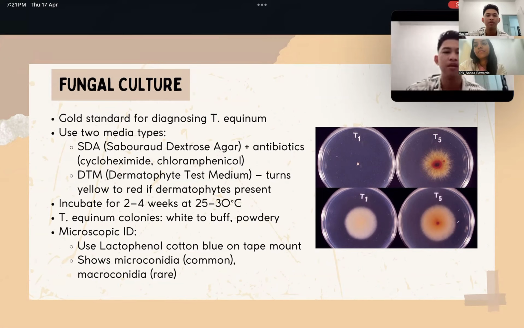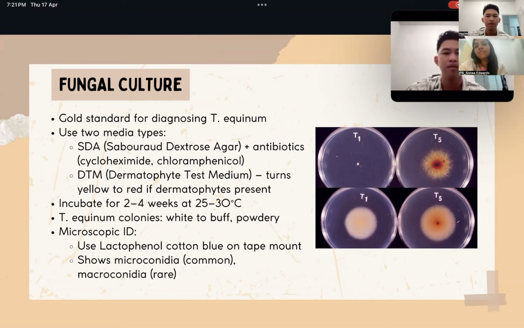The SDA media requires the addition of cycloheximide and chloramphenicol to block bacterial growth and saprophytic fungi. DTM stands out as a diagnostic tool because dermatophytes trigger a color change from yellow to red during testing, which helps preliminary identification.